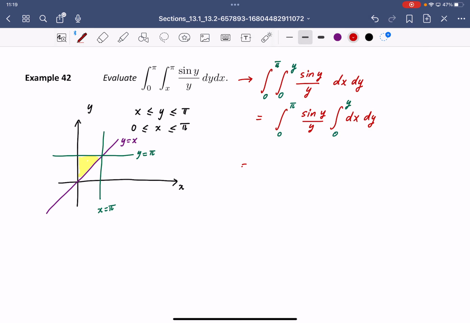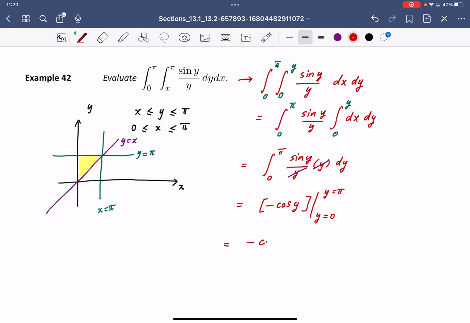Now you copy this to the next level, and then you integrate it. It's going to be the integral from 0 to pi of sine y dy, and then integrate 0 to y dx. This is actually y, because you integrate dx from 0 to y, so you cancel. And then integrate sine y, so you get negative cosine, because differentiating cosine gives negative sine, so integrating sine back gives minus cosine y from 0 to pi.